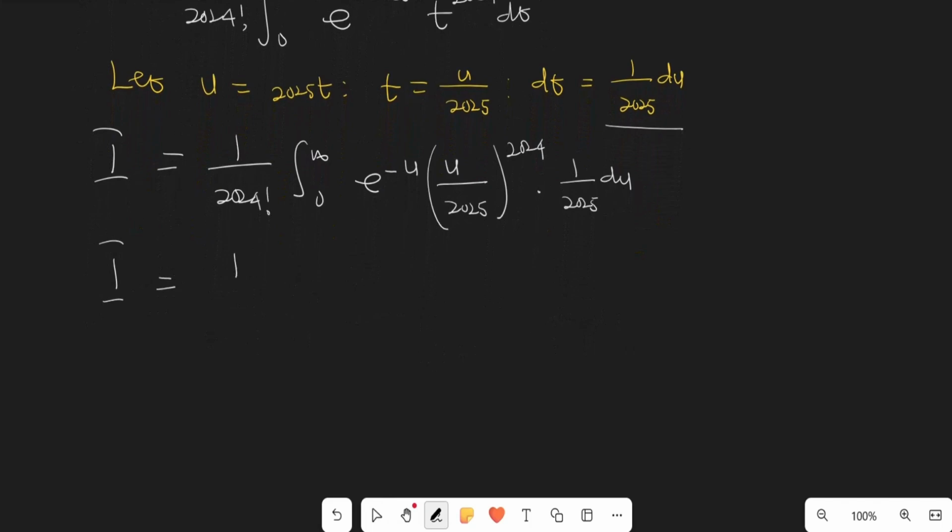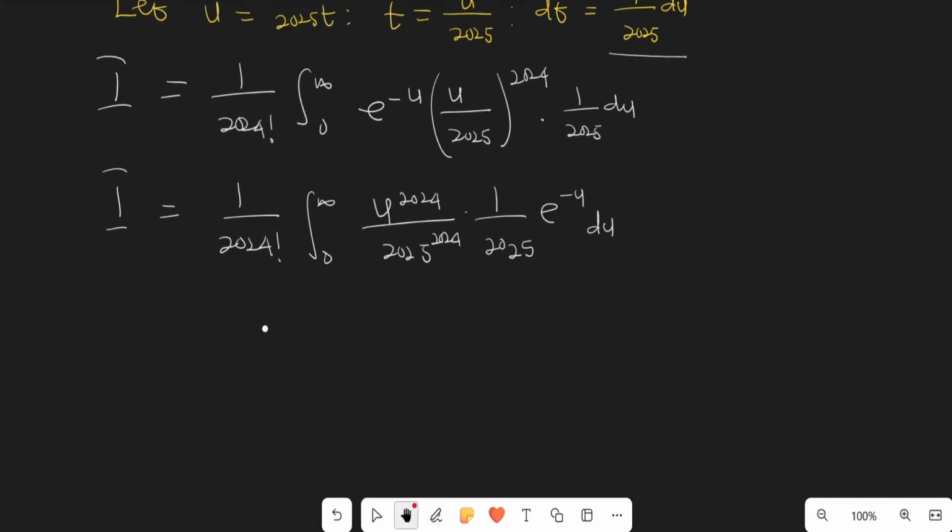So I is 1 all over 2024 factorial, the integral from 0 to infinity of u raised to the power 2024 all over 2025 raised to the power 2024, and then times 1 all over 2025, and then e to the negative u du.